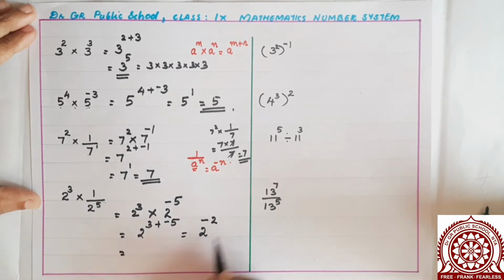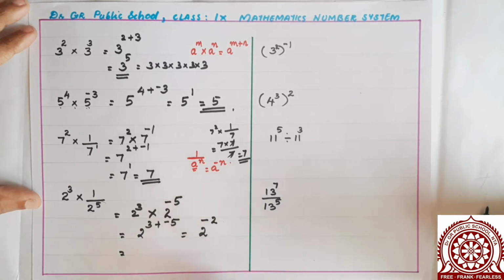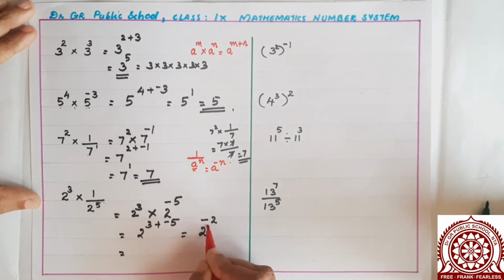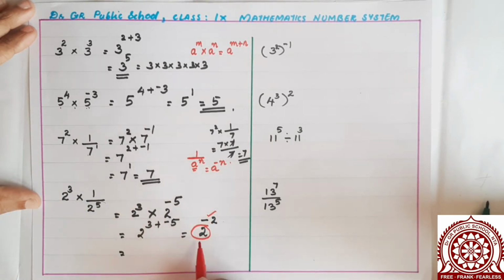So when we have a number with negative power, if you want to change the negative power as positive power, you can do it. How can we write? How can we change the negative power as positive power? We have to take the reciprocal of the base. To change the negative power as positive power, take the reciprocal of the base.